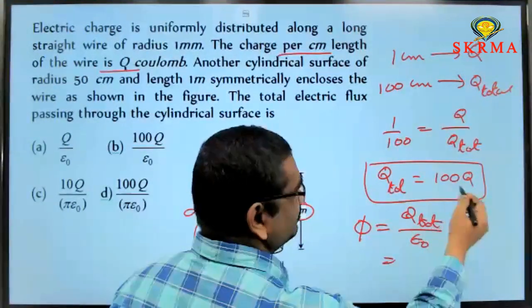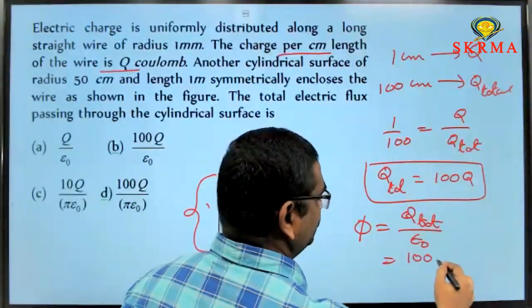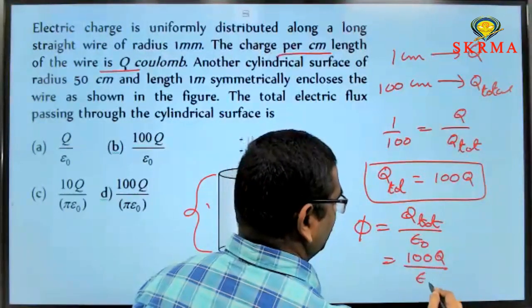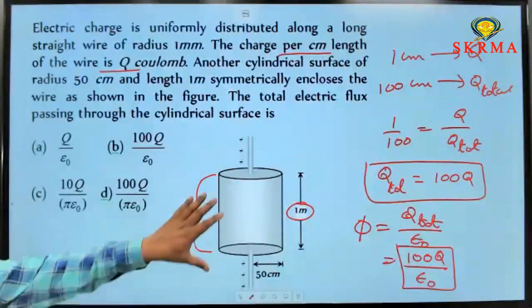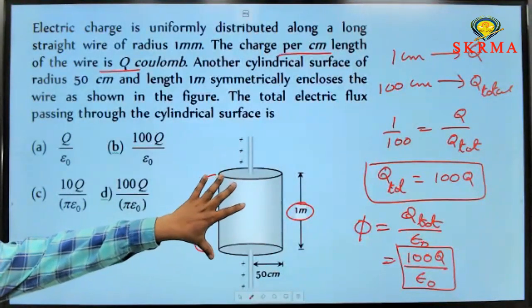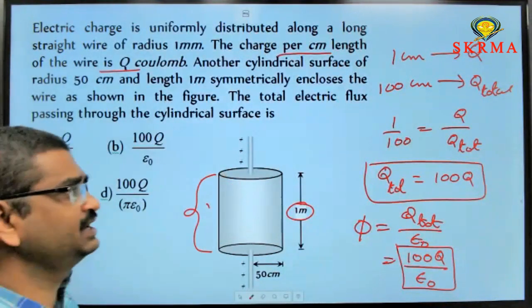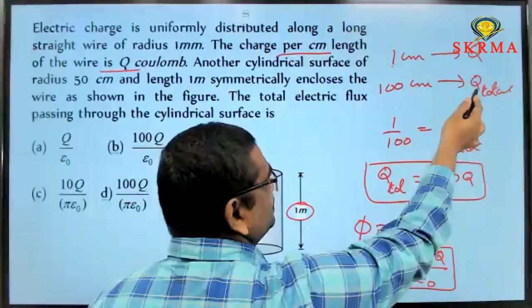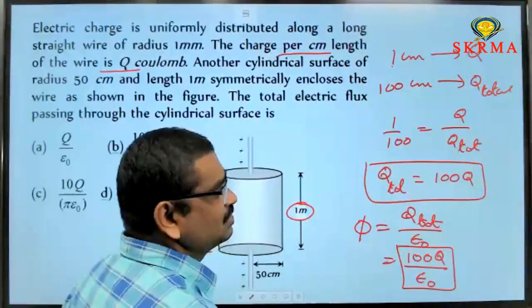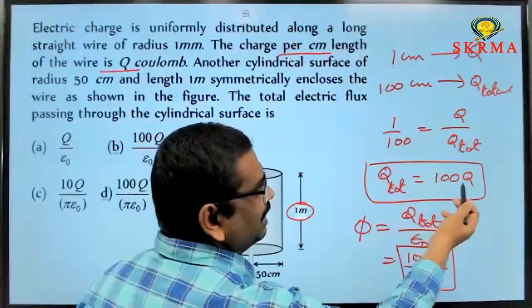Q total is 100 Q, so 100 Q by epsilon naught is the answer. First we calculated the charge within this length. For 1 centimeter the charge is Q, so for 100 centimeters it is 100 Q.